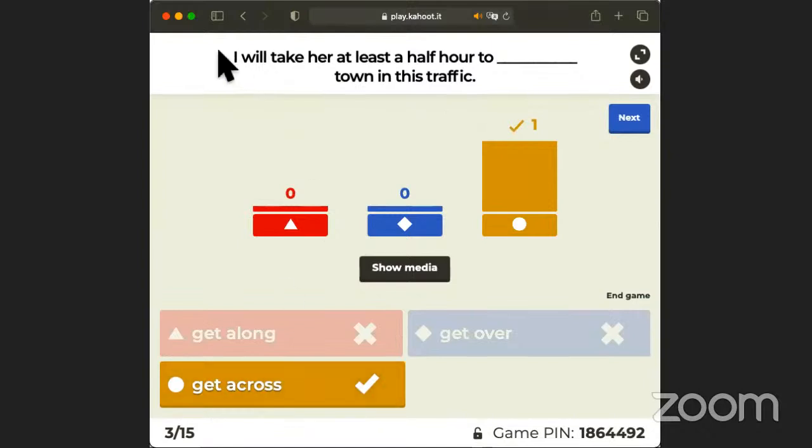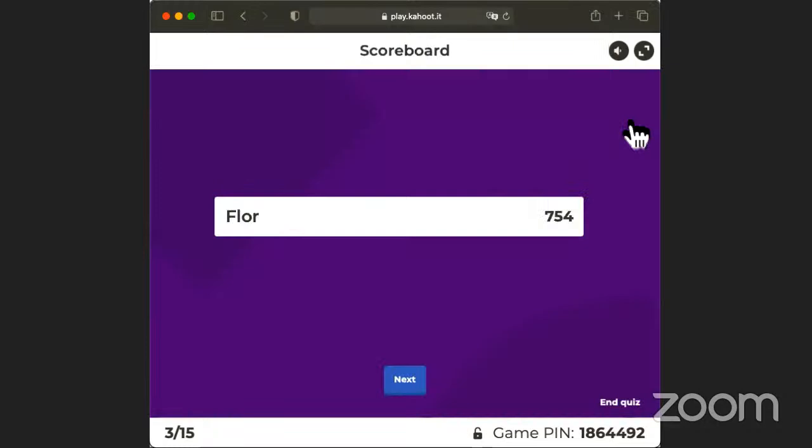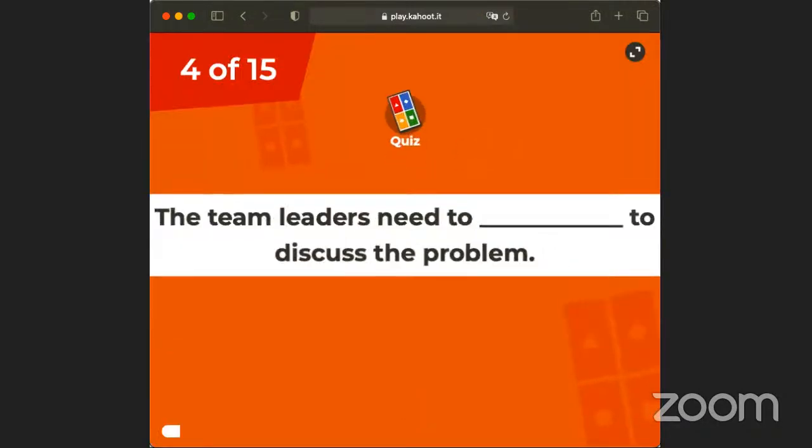Get across. Can we read the statement, please? It will take her at least a half hour to get across town in this traffic. Excellent. Usually across is quite easy to identify, no? But it's like to pass, basically. To pass the traffic.